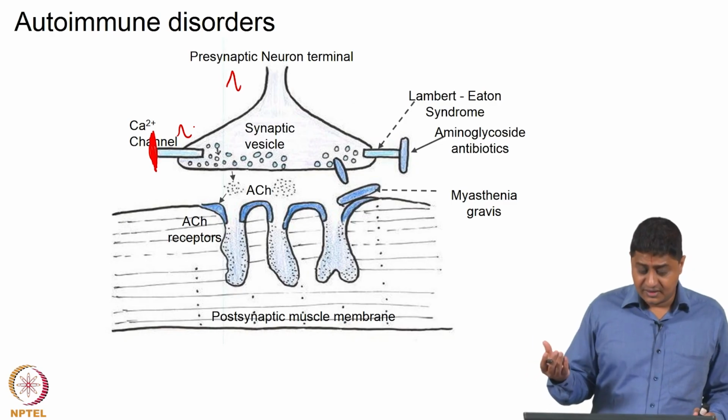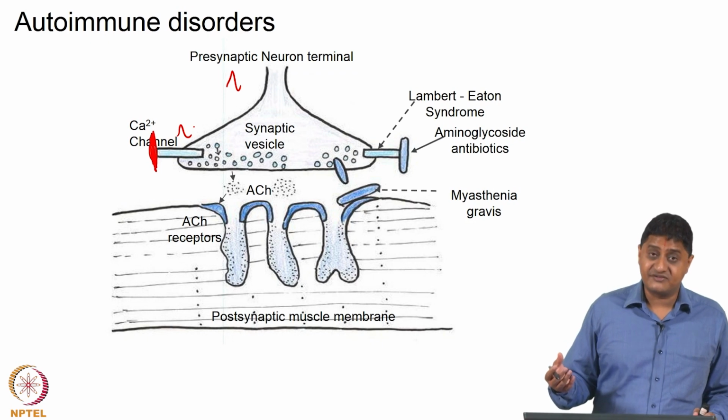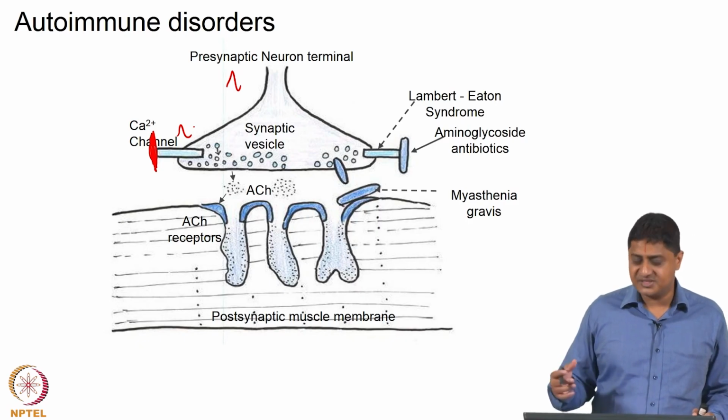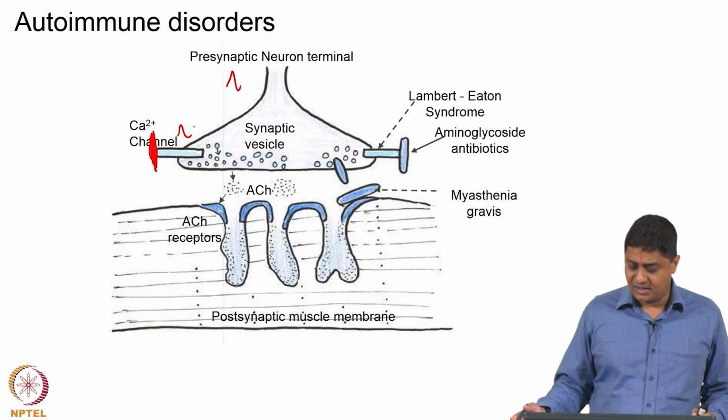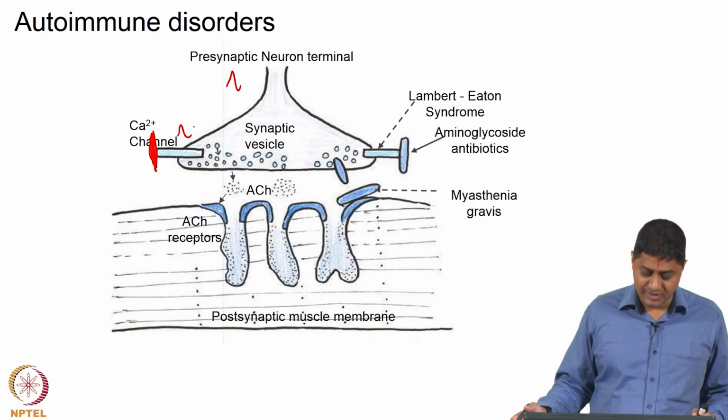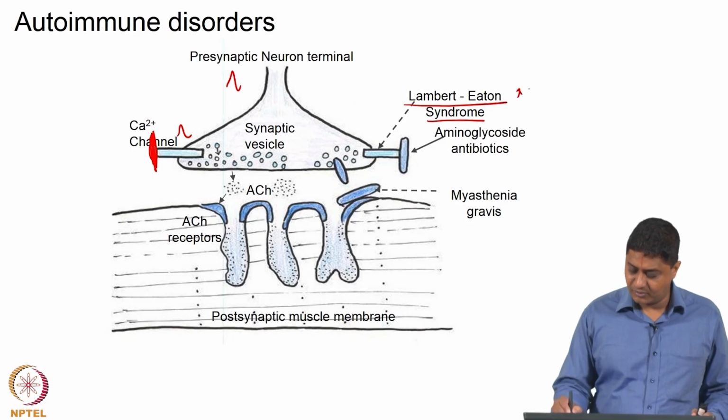Since calcium is not entering the cell, synaptotagmin will not sense calcium, so there will be no exocytosis. Essentially, acetylcholine will not be released. The effect is weakness and inability to perform voluntary movements. This situation is called Lambert-Eaton myasthenic syndrome.